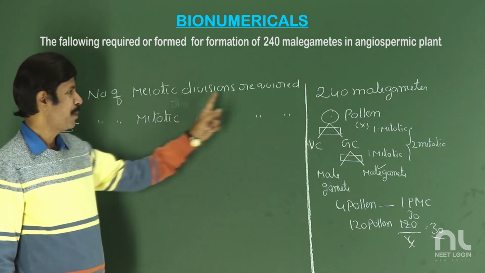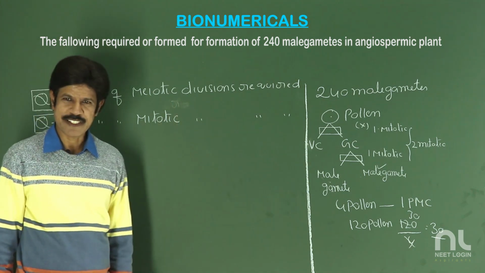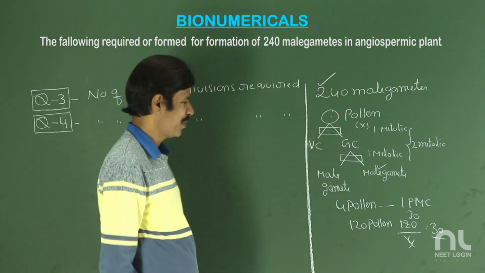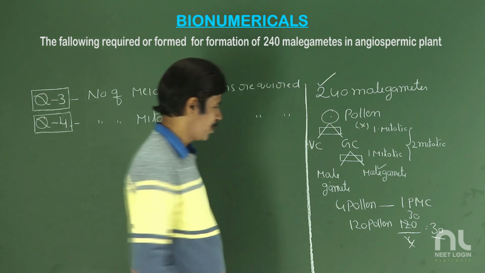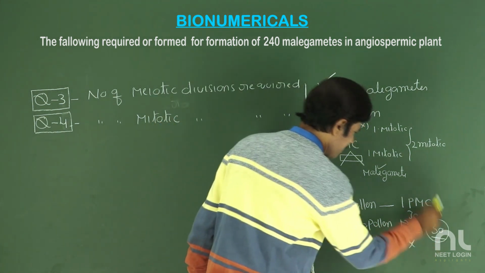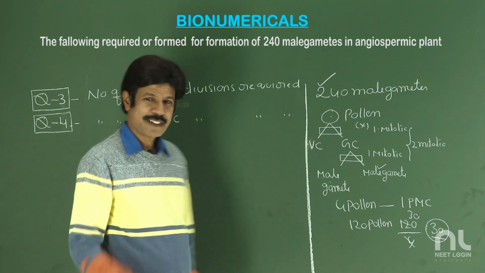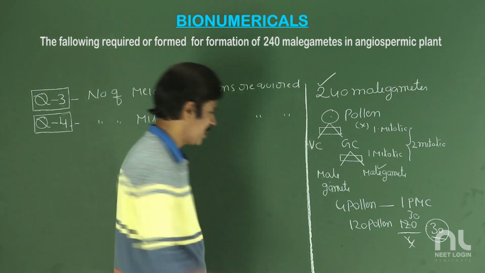Third question: number of meiotic divisions required. The fourth is number of mitotic divisions required. So here it is 240 male gametes. For 4 pollen grains it is 1 pollen mother cell. So total pollen mother cells are 30. 1 pollen mother cell, 1 reduction division. 30 pollen mother cells, 30 reduction divisions.